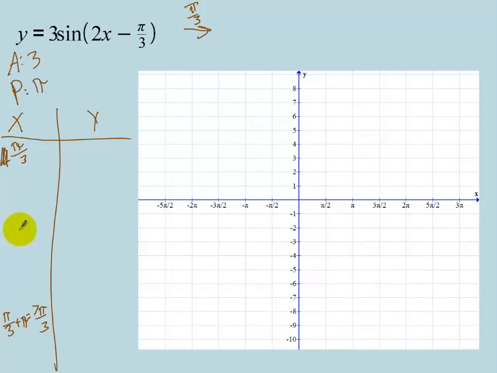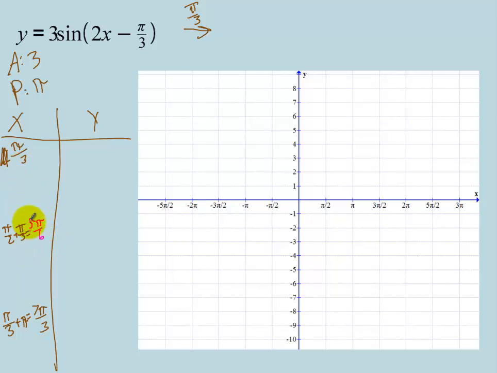And instead of the middle one being at pi over 2, it's going to be pi over 2 plus pi over 3, which, if you have to combine the fractions, pi over 2 is the same thing as 3 pi over 6, and this is 2 pi over 6, so it's going to be 5 pi over 6.